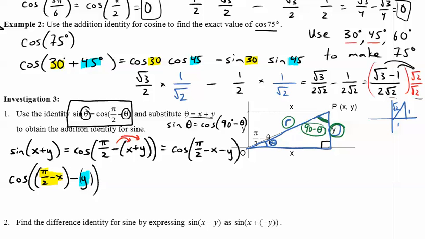So this is a difference identity for cosine, which is cos cos plus sine sine, where I go first angle, second angle. So my first angle is pi over 2 minus x, and my second angle is y.